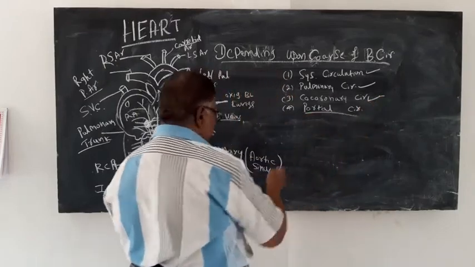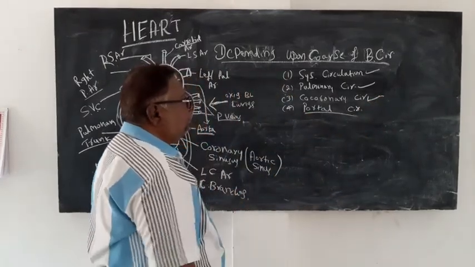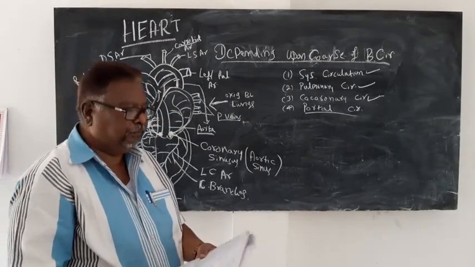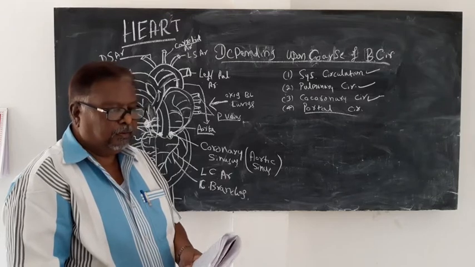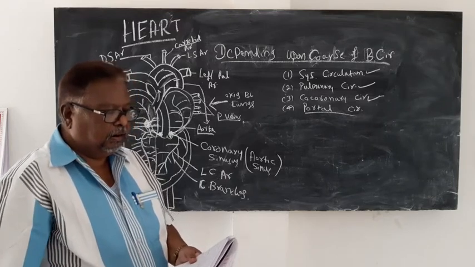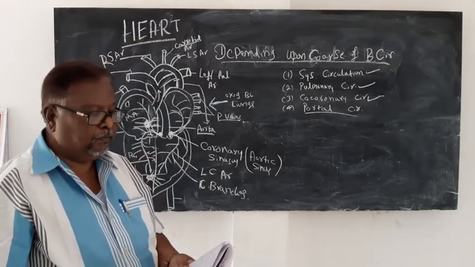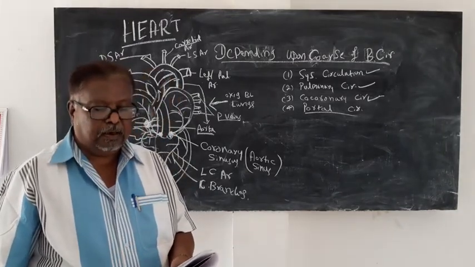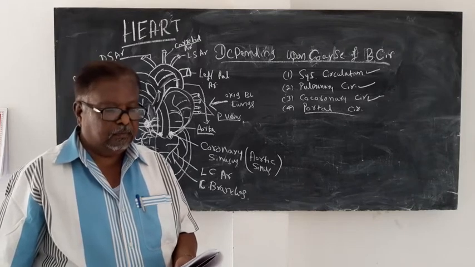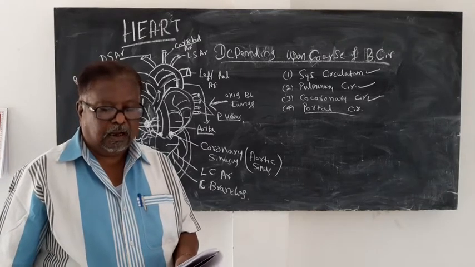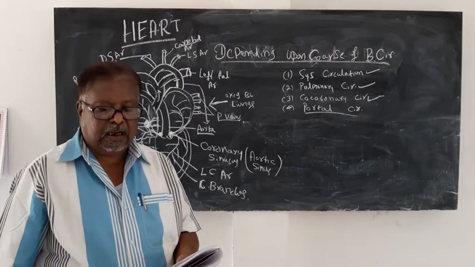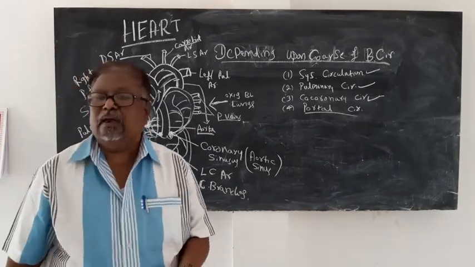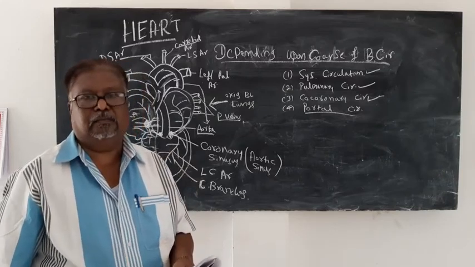Now the last is portal circulation. Portal circulation is the group of veins that bring blood from a capillary network and end in another capillary network without first going back to the heart.